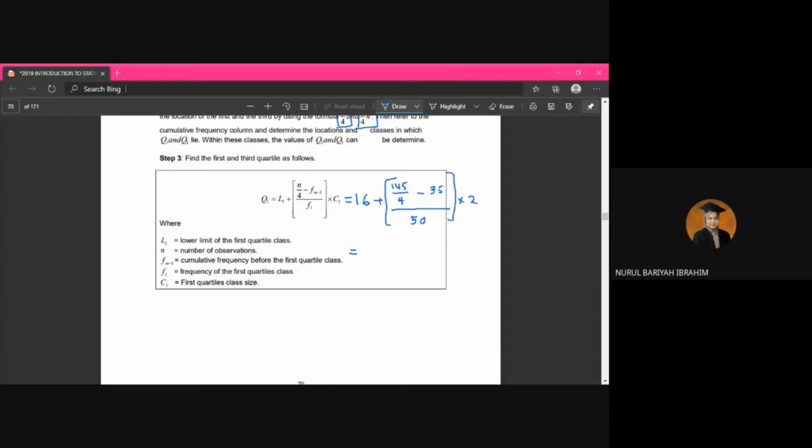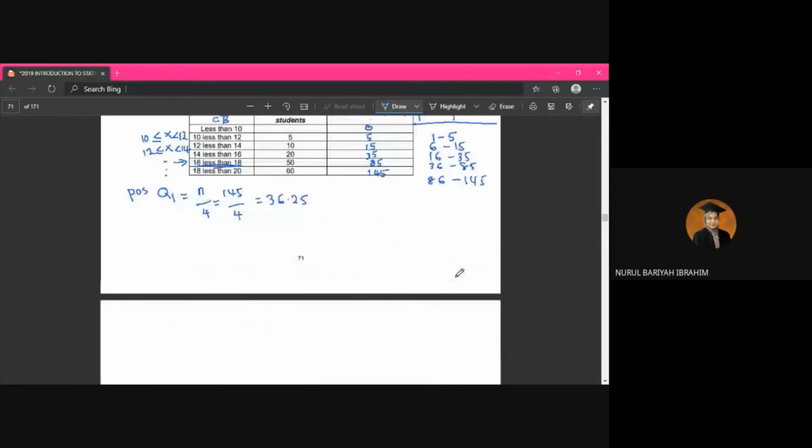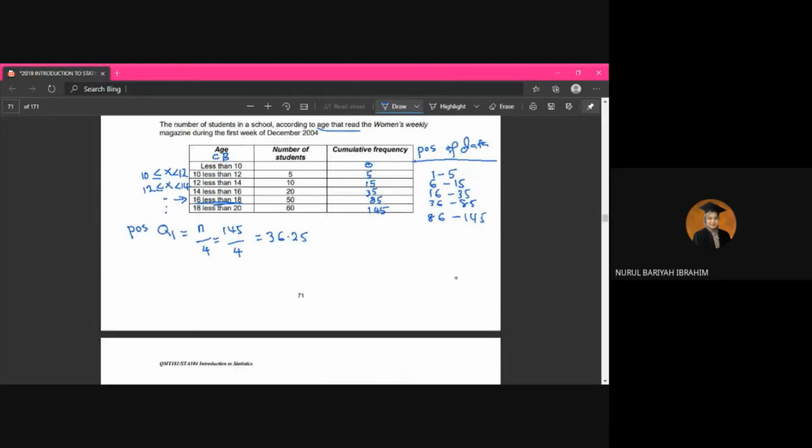Then you can add. So 145 divided by 4 minus 35, over 50, multiply 2, and then plus 16, you will get 16.05. So the first quartile is, this is our final answer, 16.25, which is in the interval of this class between 16 and 18. So we know where the value of Q1 is. So it is 16.25. We have calculated using the formula.